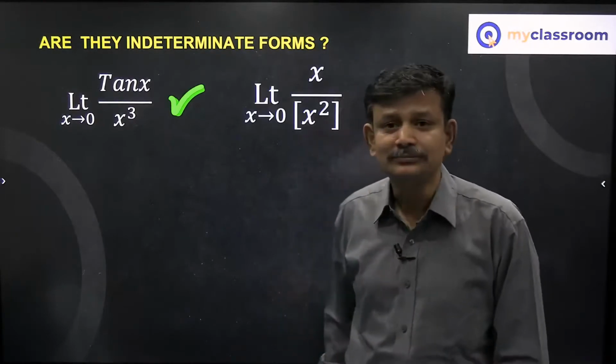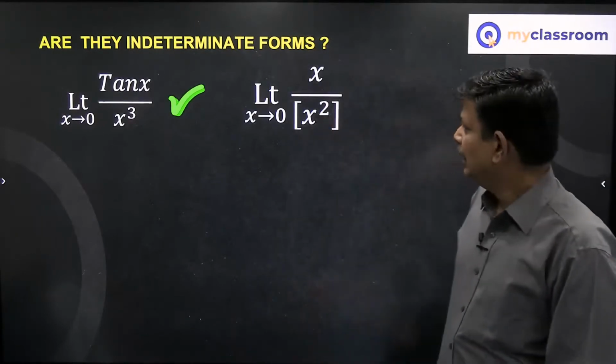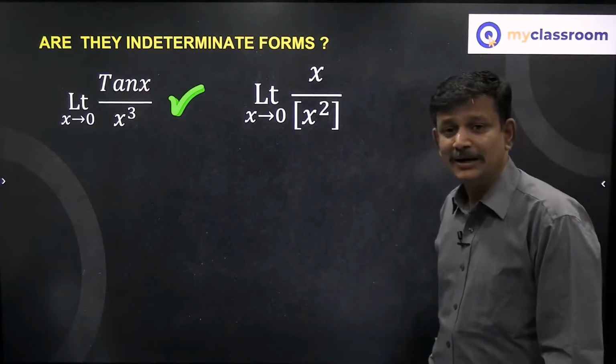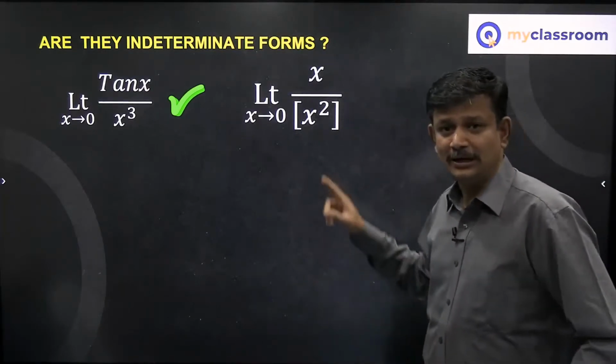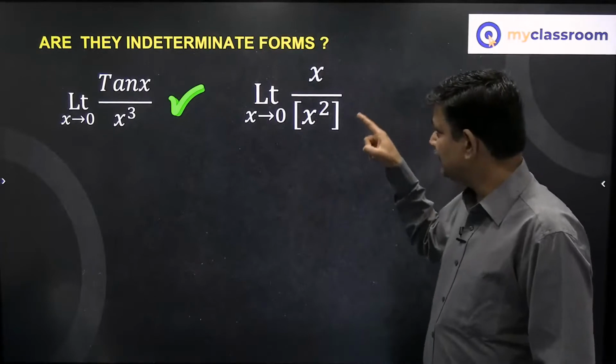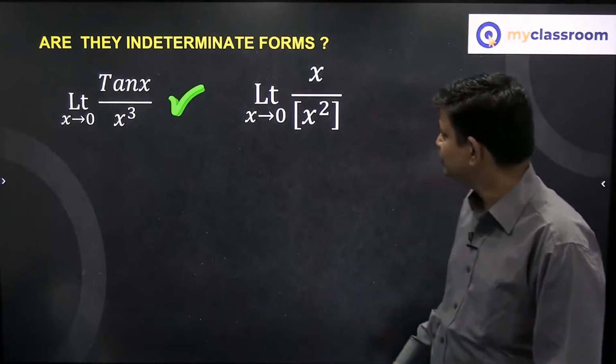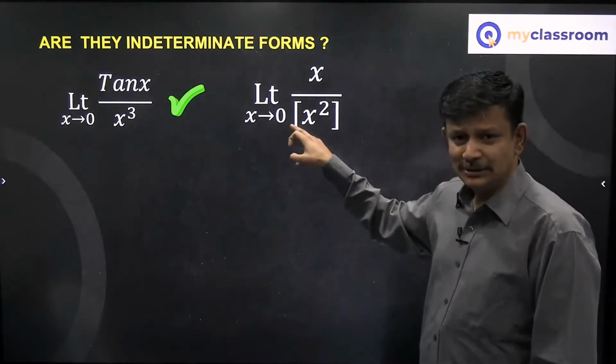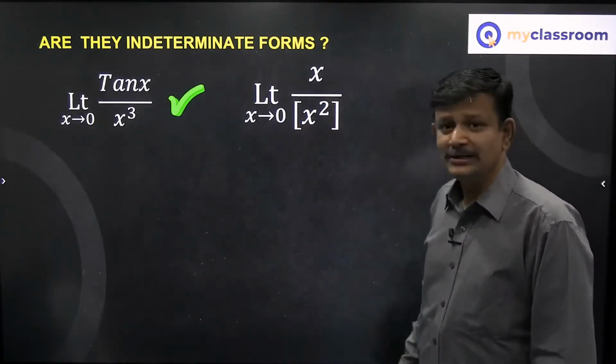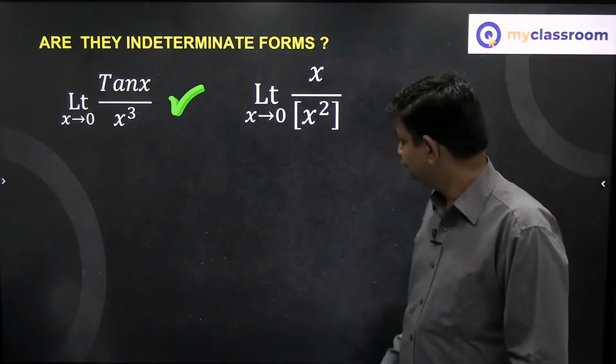Another example. Limit as x tends to 0 of x by integral part of x square. Is this an indeterminate form 0 by 0? Let us see. As x approaches 0, numerator is x, it is approaching 0.